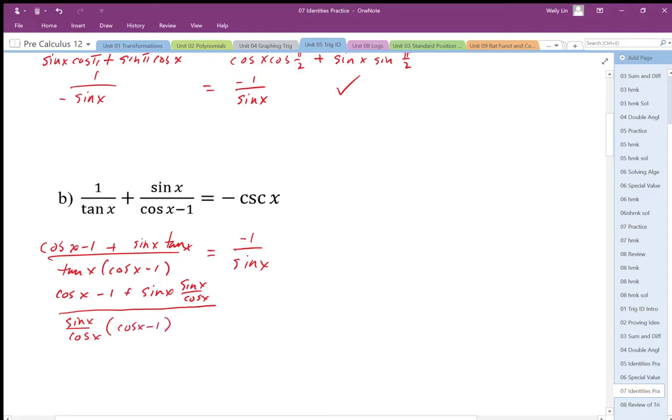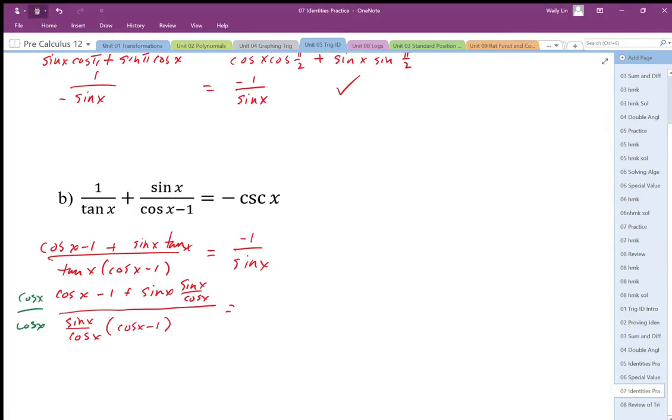Now I'm going to keep this factor, although it seems to generate a sine x here, it's going to generate a binomial term. I don't really want a binomial term here. If I want to make these match, it's better to introduce that cos x minus 1 as a factor down here. Okay, so I'm just going to clean that up a little bit. I'm going to multiply top and bottom by cos to get rid of that cos. So I'll show you what I'm going to do algebraically. I'm just going to multiply the top by cos x and the bottom by cos x.